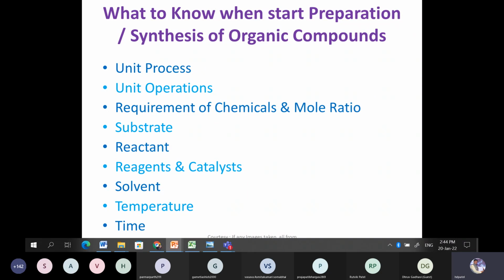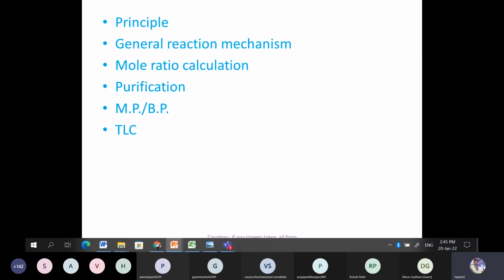Then time: for any reaction, a fixed time duration is required to complete the reaction. If we do not provide a proper time for the reaction, then we cannot carry out the reaction in a proper way. So time plays an important role in the reaction.